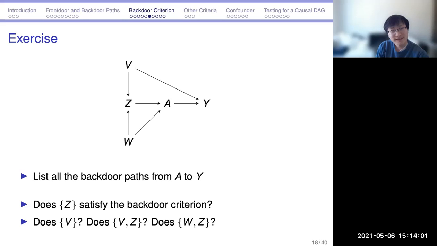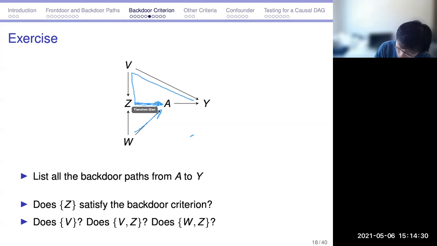So the first question is: list all the backdoor paths from A to Y. What do we have? A backdoor path would start with an arrow going inside of A, right? So we trace back with this arrow, then anything that connects from this to Y is a backdoor path.